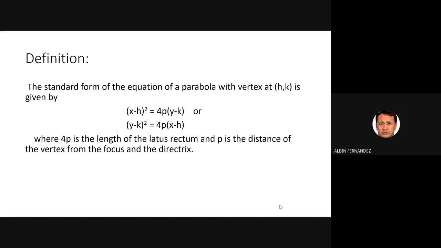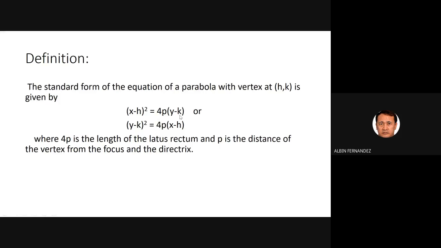Next, the standard form of the equation of a parabola with vertex at (h, k) is given by two equations. The quantity (x − h)² = 4p(y − k), or the other equation, (y − k)² = 4p(x − h). Take note that the coordinate (h, k) is found by having the value of h in one side of your equation and the value of k in the other.